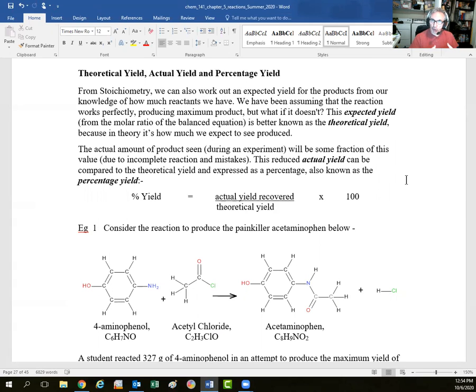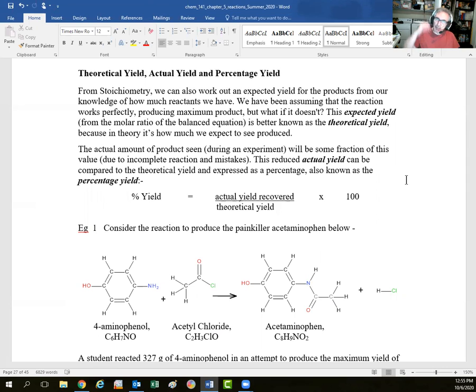But then we've often got the reality when we go into a laboratory using these proportions, and that reality often tends to be less than the theoretical yield. Maybe the chemicals don't react quite hot enough, or maybe we don't react them long enough. There's usually some reason for not every single molecule being converted into products of the reaction.